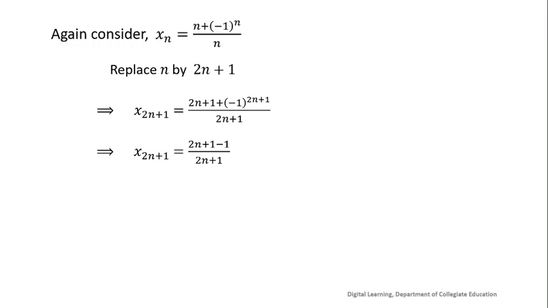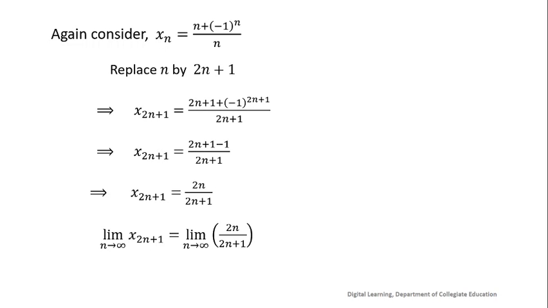Here (minus 1) power (2n plus 1) value is minus 1. Therefore, x 2n plus 1 equals (2n plus 1 minus 1) by (2n plus 1). Here in the numerator plus 1 minus 1 get cancelled. Then we will get x 2n plus 1 equals 2n by (2n plus 1).